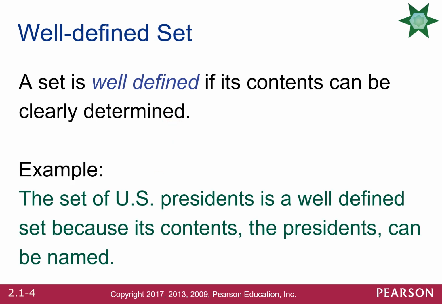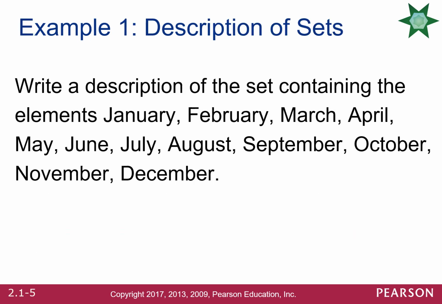For example, the set of US presidents is a well-defined set because its contents, the presidents, can be named. The set of the days of the week is a well-defined set because we all know the days of the week, Monday, Tuesday, Wednesday, and so on, all the way to Sunday, to be the elements of the set. In that case, it is regarded as a well-defined set.